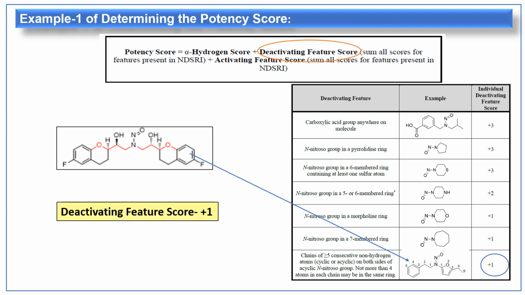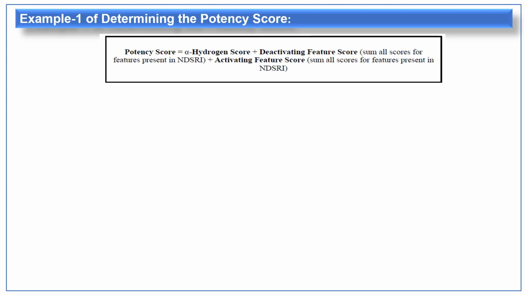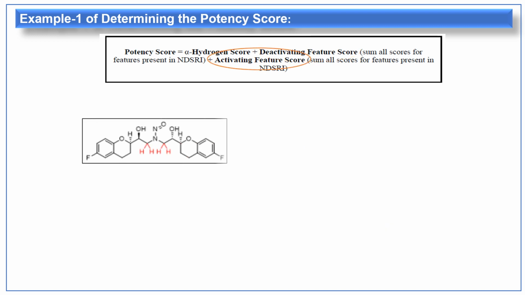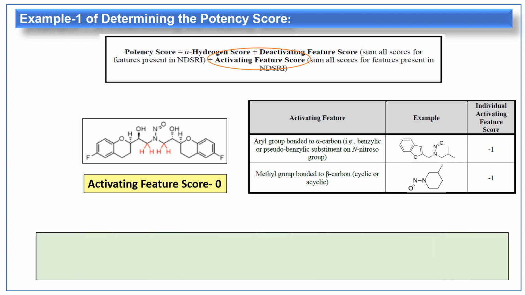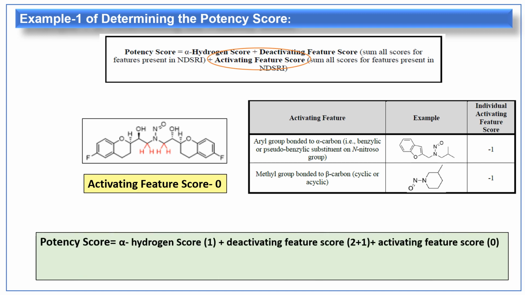Next, for the activating feature score, the team compares the structure against the two activating features and does not find any of them. So the activating feature score comes out to be 0, right? So the potency score now: the alpha hydrogen score, which we determined in the first step, is 1.